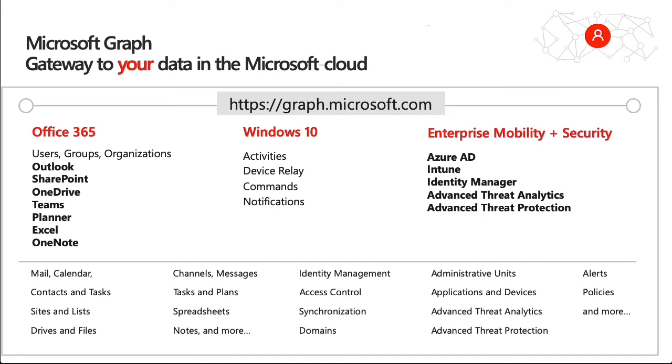The Microsoft Graph addresses many of these challenges by acting as a proxy to a lot of the different services. It encompasses data residing in Office 365, such as mail, calendar, and contacts, and OneDrive, as well as many others. In addition, it also provides access to Windows 10 and enterprise mobility and security under a single endpoint.